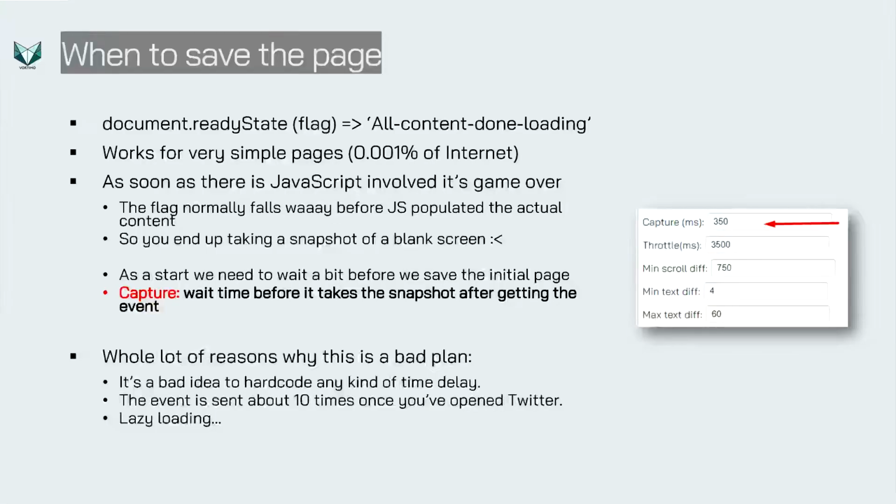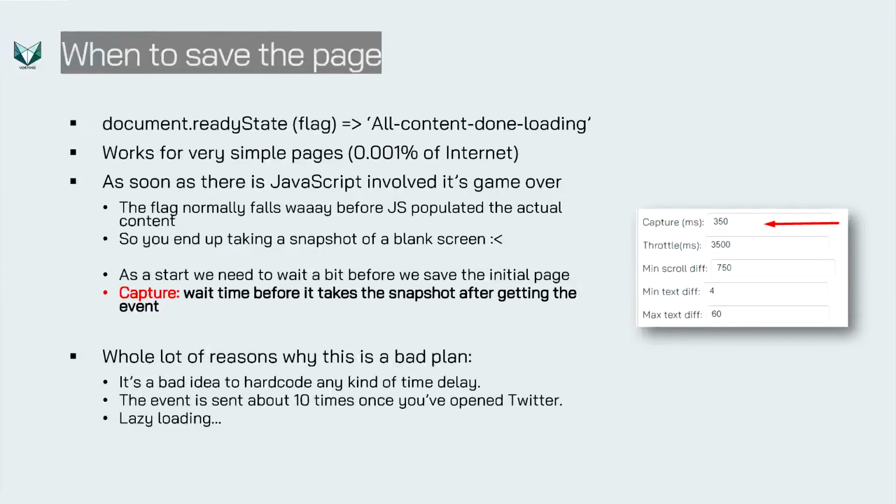So now let's see how we can put these things together in a way that we can save pages with all of the criteria that we discussed in the past. Okay, so the first thing that you've got to consider is when to save the page. You would think that it's pretty easy.